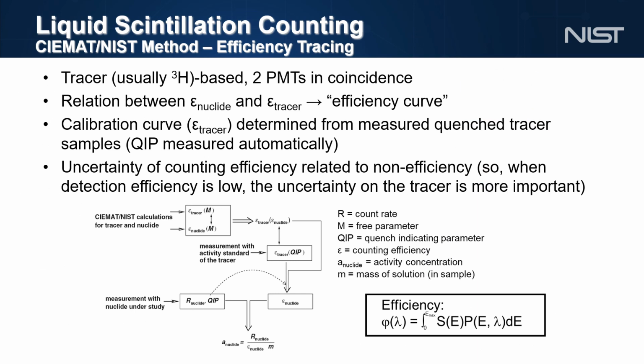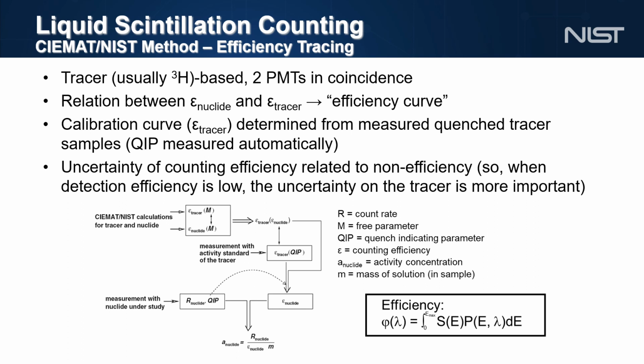More than 50 radionuclides have been measured by the efficiency tracing technique, usually with tritium, known as CIEMAT/NIST after the originating laboratories, including relatively low activity, naturally occurring radionuclides, such as potassium-40. The efficiency calculation is done for a system with 2 PMTs in coincidence of an interaction of scintillating photons within the PMTs.